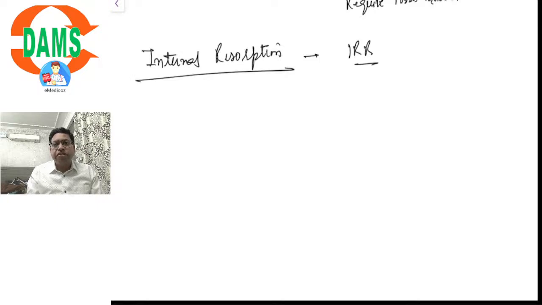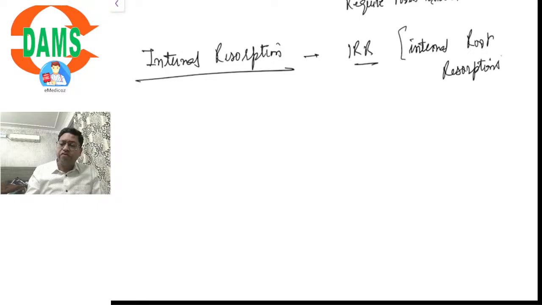These are standard abbreviations. IRR stands for internal root resorption. So in your questions or in your options, you can get these abbreviations as such because they are standard resorption abbreviations.